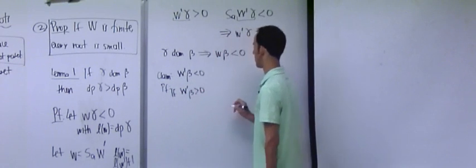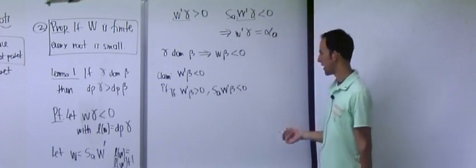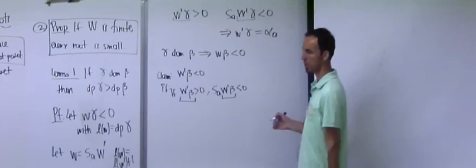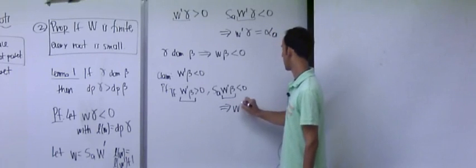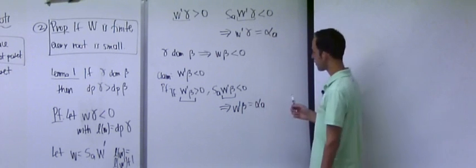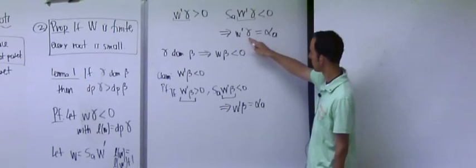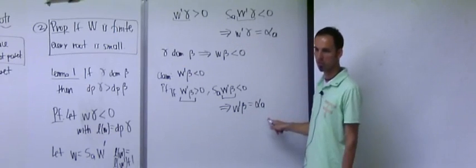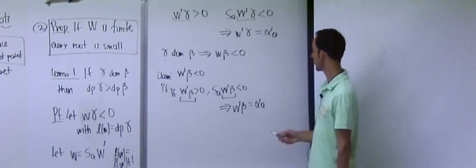I have that W beta is negative, but I want to show that this shorter element also makes it negative. And the proof of that is that if it was the other way around, then we would also have S_A W prime beta negative. But again, we're in this situation where we have a positive root that is made negative, and that's very restrictive. That tells me that W prime beta would be equal to alpha A. But W prime cannot take two different roots into the same root because these things act as permutations on the roots. Okay? So this is a contradiction.